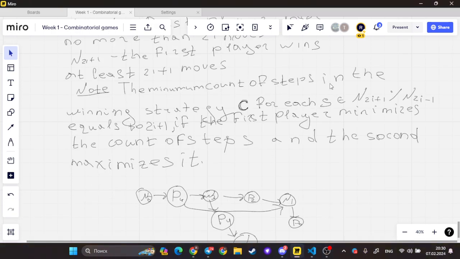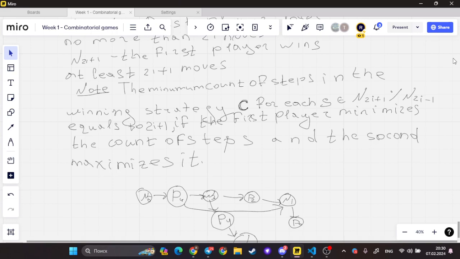Next, note that the minimum count of steps in our winning strategy equals 2E plus 1 if we fix this, if the first player wins.